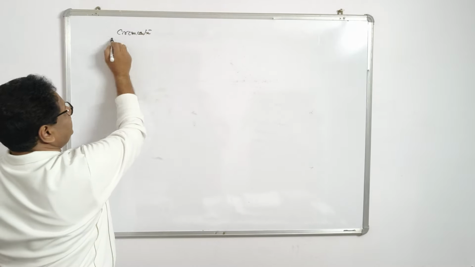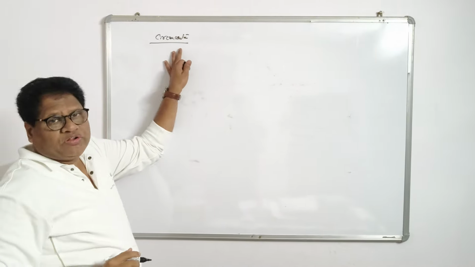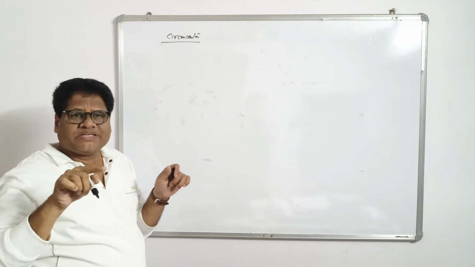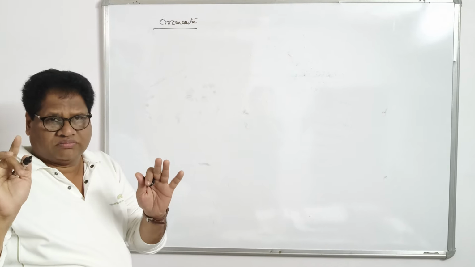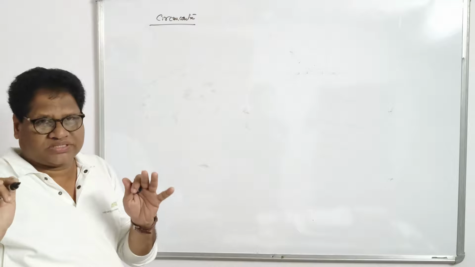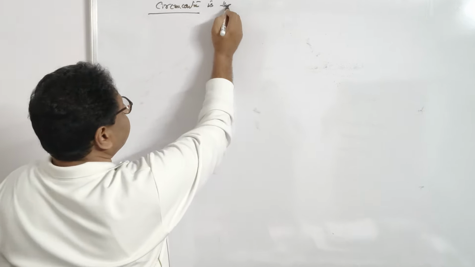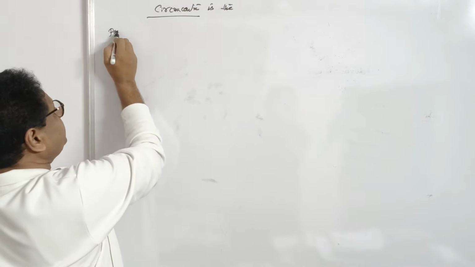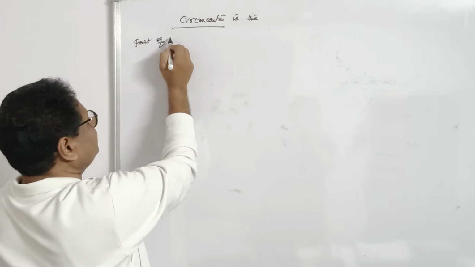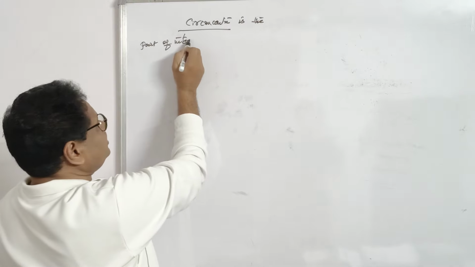The definition says that it is a point of intersection of all the three right bisectors of a triangle. Right bisectors means perpendicular bisectors. So circumcenter is the point of intersection. Intersection means meeting point.